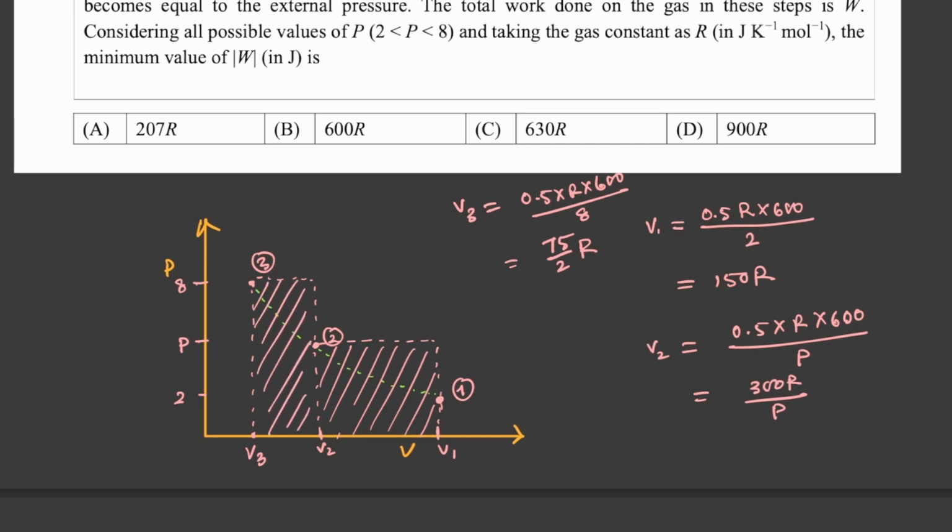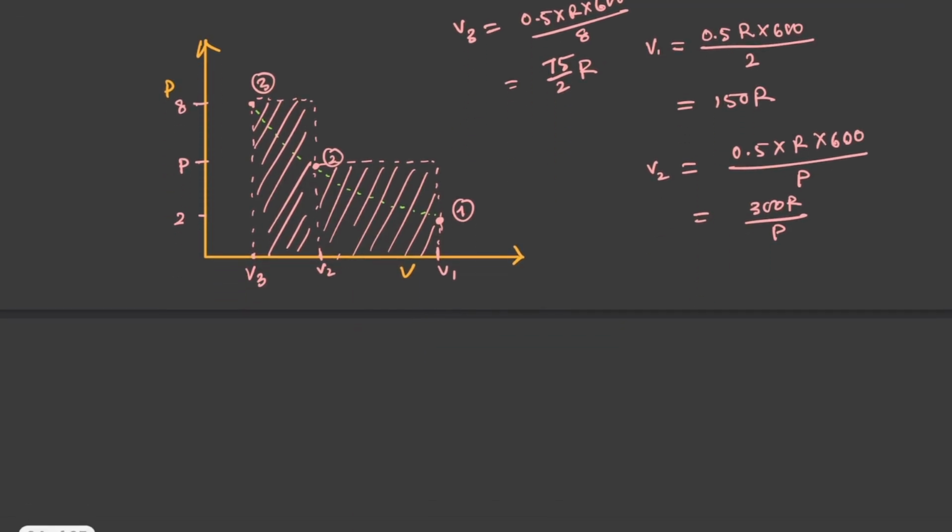Now we don't know what P is. P is between 2 and 8, so P can be anything. So we have to get the minimum work done. First we try to understand the work done in this process. W, I will take the modulus, the magnitude only, of the total work done.